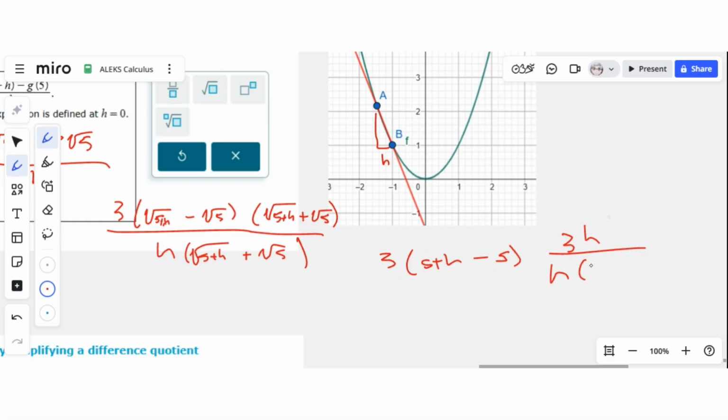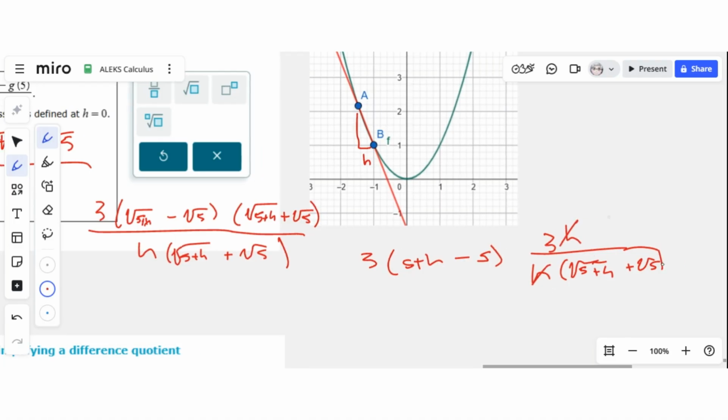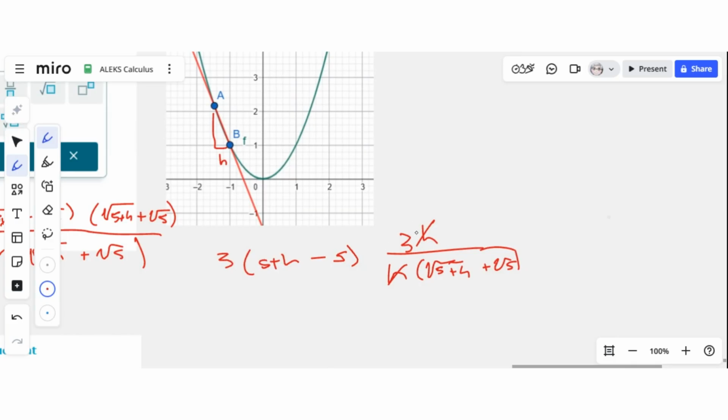Now we also still have on the bottom this thing we multiplied, the conjugate, so the square root of 5 plus h plus the square root of 5, and this h is going to cancel with this h, and now we actually have something that we can evaluate at 0. So we want to find, remember, the limit as h approaches 0 of this thing. If we put in a 0 for h here, that's going to go away.